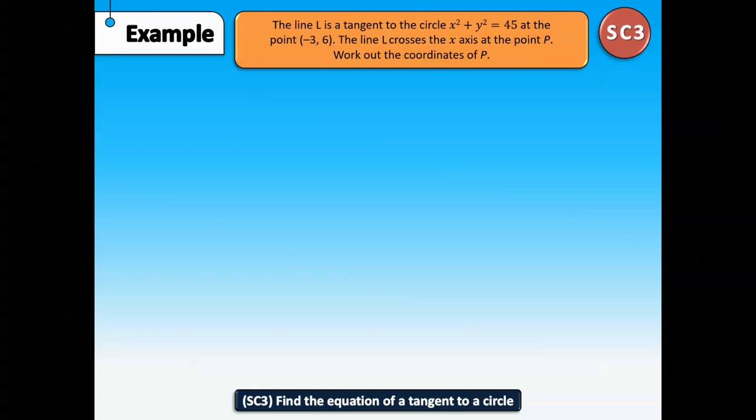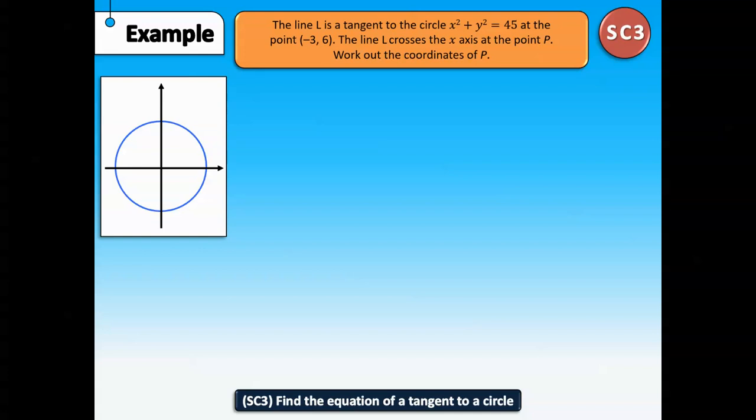For this question, the line L is a tangent to the circle x squared plus y squared equals 45 at the point minus 3, 6. The line L crosses the x-axis at the point P, so we want to work out the coordinates of P. So if we make a sketch, there's our circle, there's the point minus 3, 6, and there's the tangent.